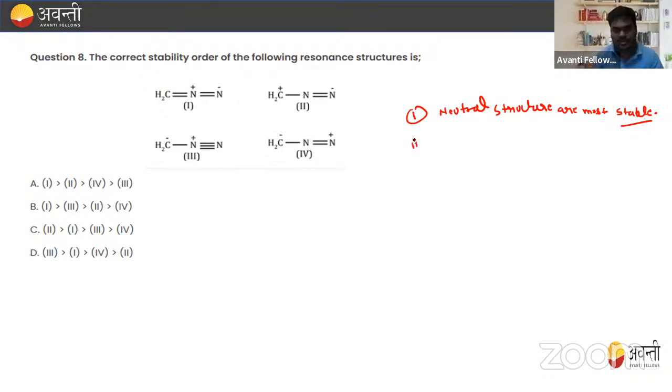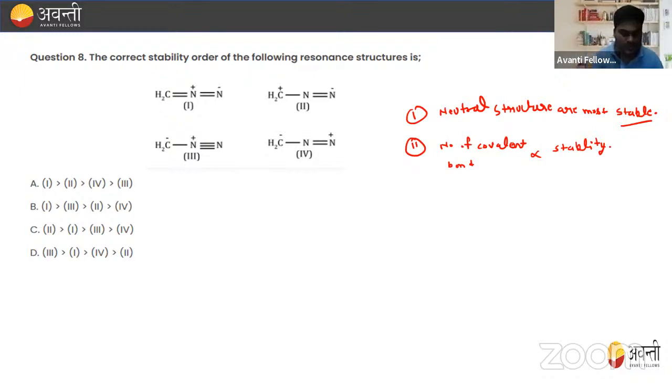The important one is this. Next, the greater the number of covalent bonds, the greater is the stability, right? The number of covalent bonds is directly proportional to the stability.